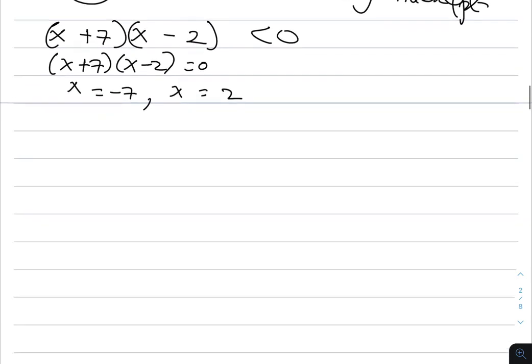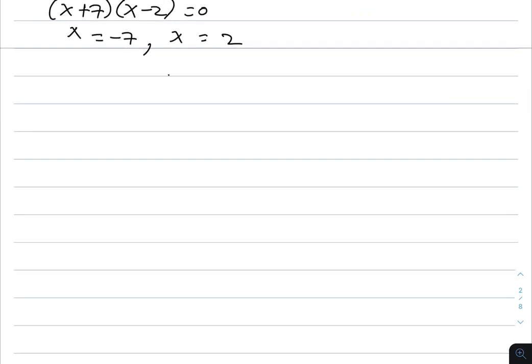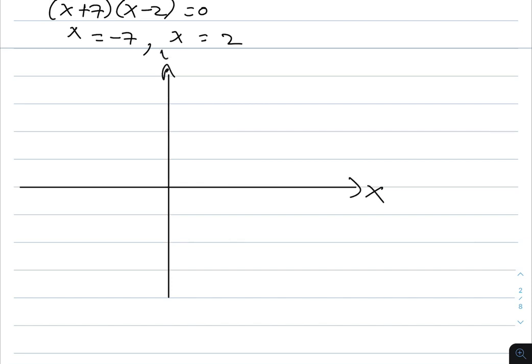All right, so let's just go and sketch it. So we have something like this. This is x, that is y. This is negative 7. This is 2. So we can sketch it like that.